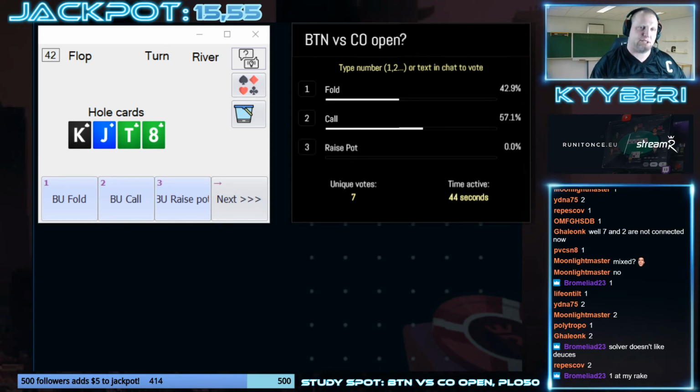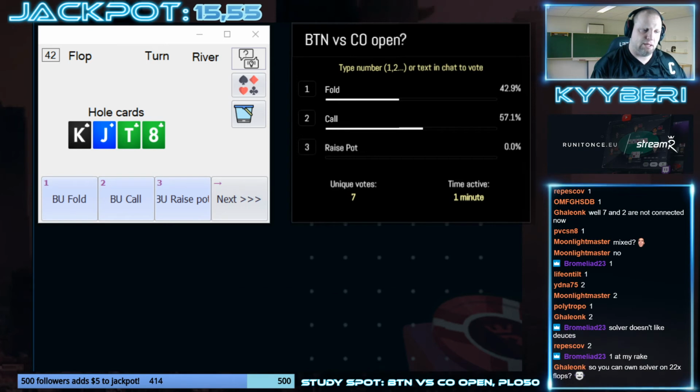So in this kind of situation where I'm not sure, cutoff opens, and if I'm not sure what to do, then I always choose the most passive line preflop. Like if preflop I'm not sure if I should call or fold, I always fold.